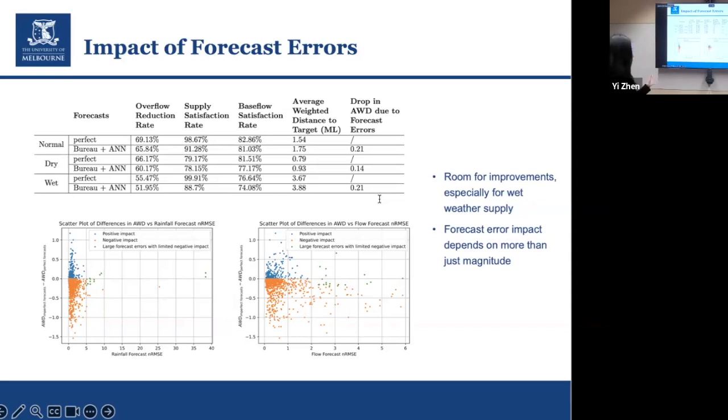And for both this rainfall forecast and flow forecast, we can see that the larger the forecast error, the more likely the strategy was to be affected. However, as we can see from the green dots here and there, large forecast error does not necessarily lead to a huge impact on the system.